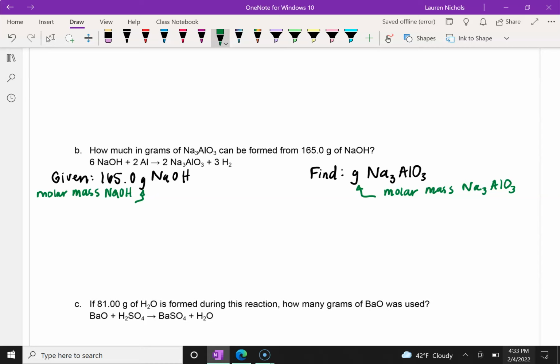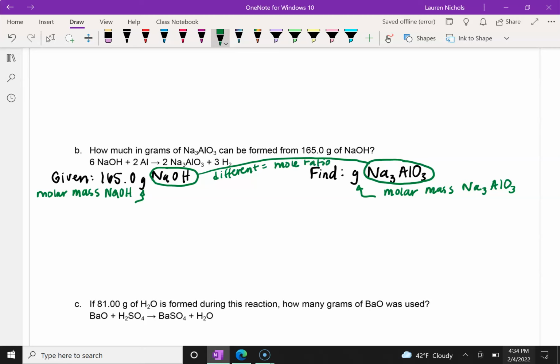And then we know that we don't see molecules, atoms, formula units, or particles, so we do not need Avogadro's number, but we do have different chemicals here. So if these are different, that means we will need our mole ratio.